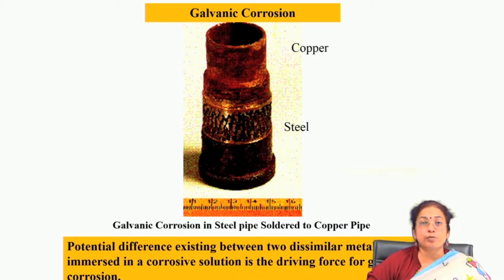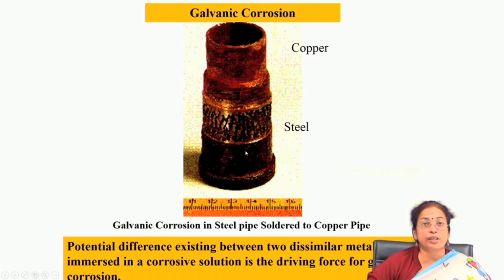This is the case for copper and steel which is soldered. You will see that there is extensive corrosion at the steel part of the pipeline combination as compared to that of copper.